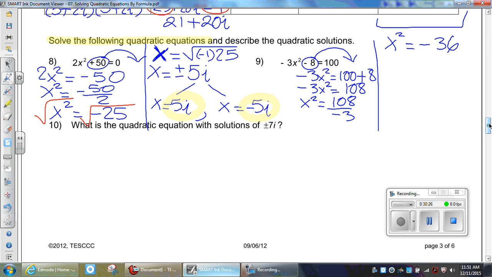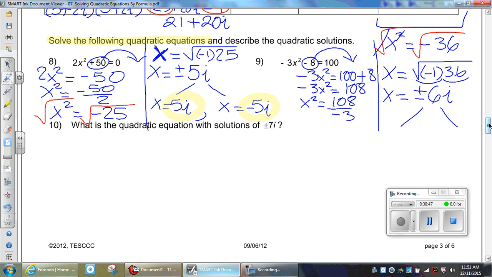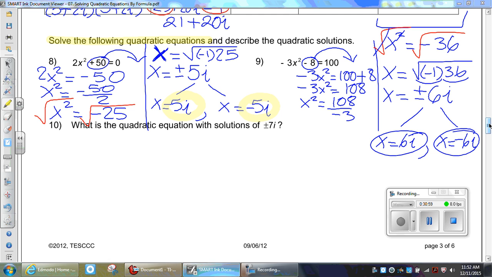Here, we all know we need to take the square root to cancel the square. Here we factor negative 36 as negative 1 times 36. So we will get x is equal to plus or minus the square root of 36, which is 6, times the square root of negative 1, which is i. So in reality, we have two solutions, positive 6i and negative 6i. Remember, imaginary solutions will always come in complex conjugate pairs.